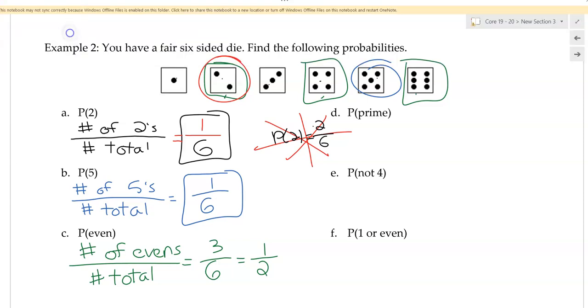Probability of prime. We're going to define prime over on the side. A prime is a number divisible by 1 and itself.